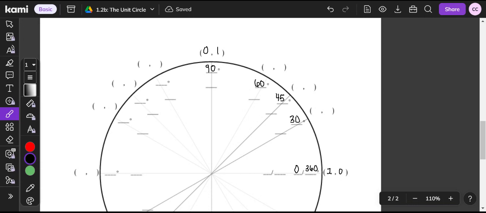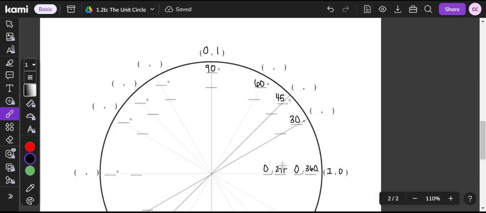All right, so before we get into coordinates, let's real quick make sure we know how to do the radians for this. We learned in our last video that 0 degrees is also 0 radians, but that a full 360 degrees is the same as 2 pi radians. Right, so a full way around the circle is 2 pi.